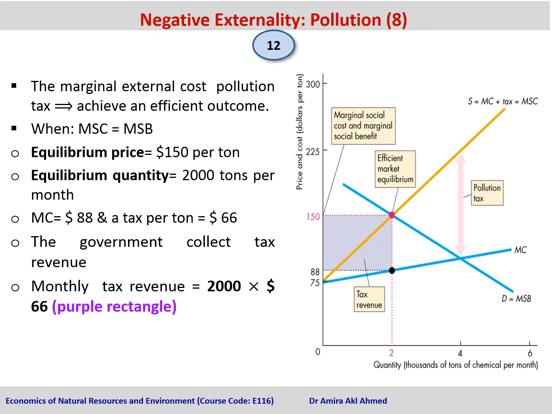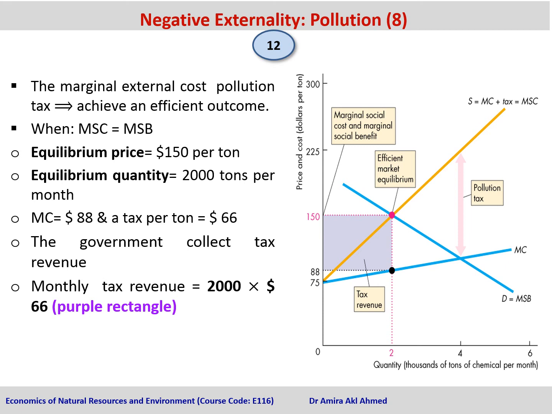The market supply curve is the one labeled S equals MC plus tax. In such a case, the supply curve tells us the quantity supplied at each price given the firm's marginal cost and the tax they must pay.